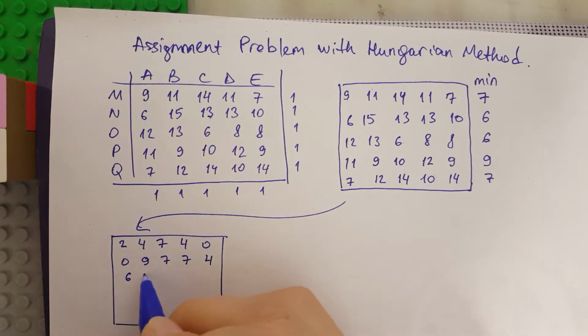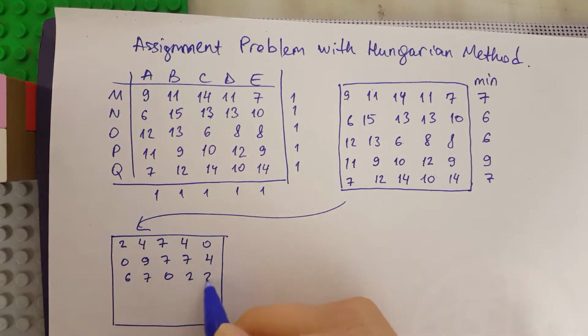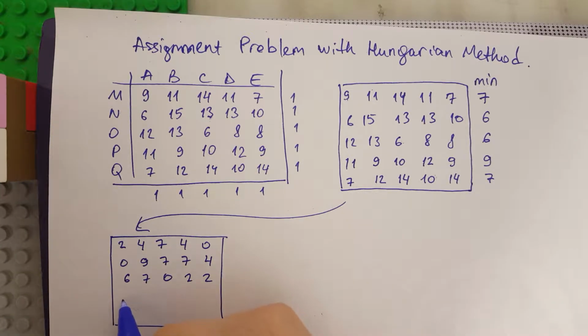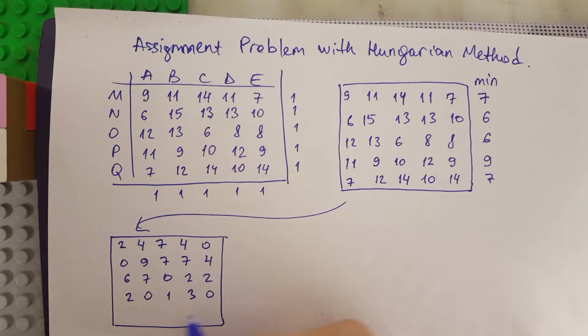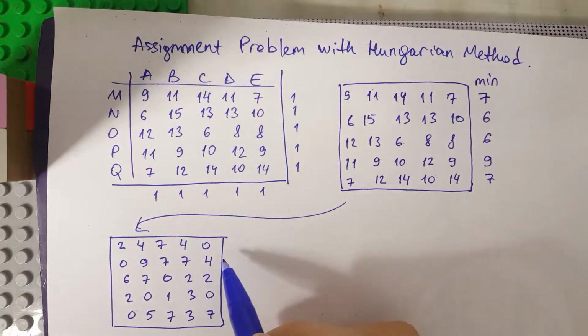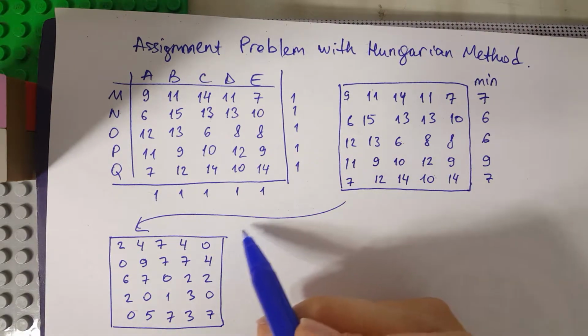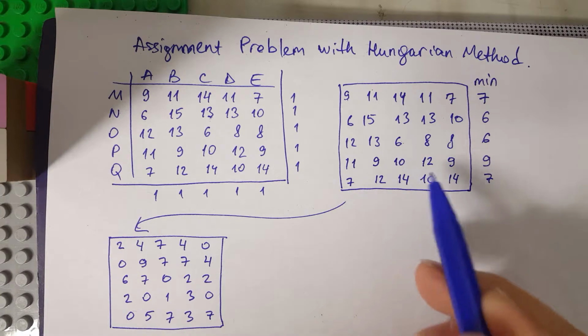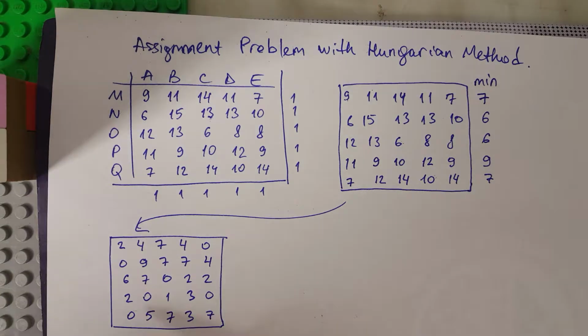Here 6, 7, 0, 2, 2 and 2, 0, 1, 3, 0. And here 0, 5, 7, 3 and 7. So we have found the minimum values and subtracted them from each cell of this table.